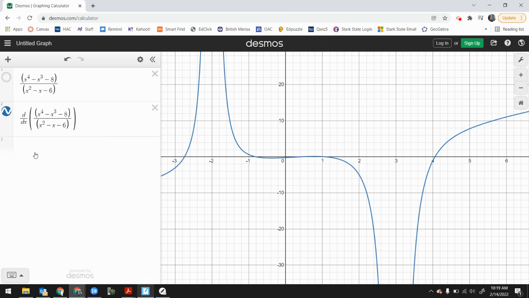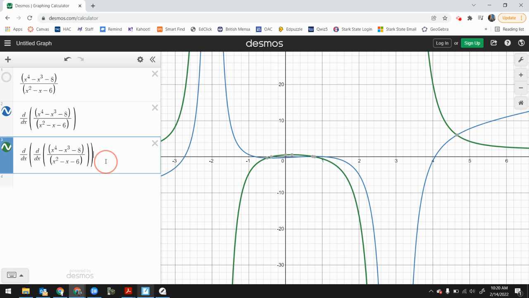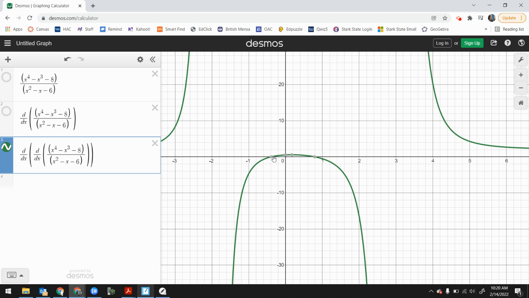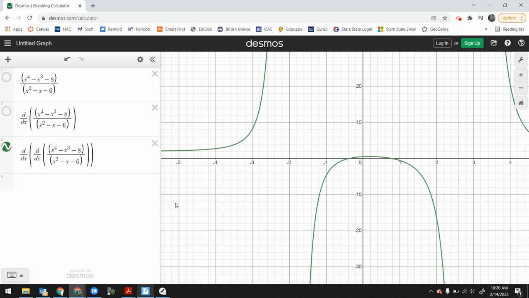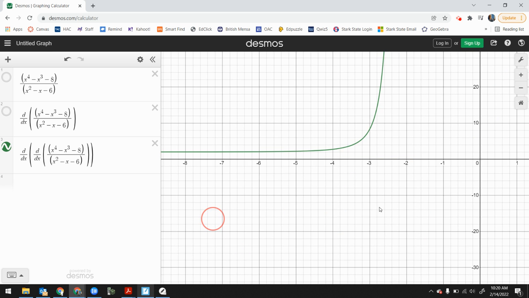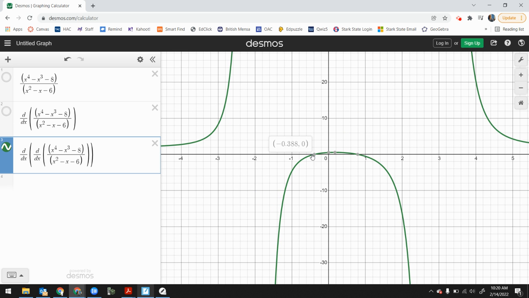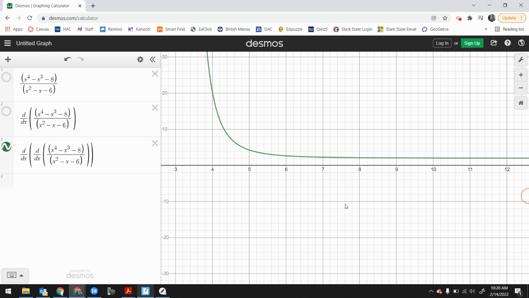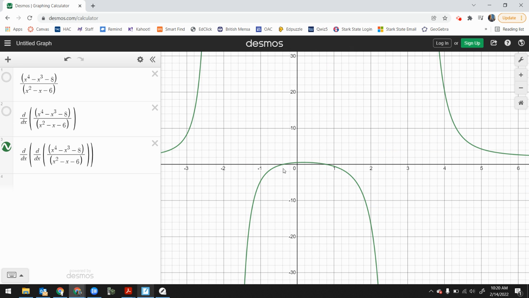And then let's do that one more time. D over dx of all this junk. And this, I want just my x-intercepts. Now, is that going to cross the x-axis down here? Nope. Is it going to cross it right here? Yep. Is it going to cross it all the way down here? Nope. Okay, so really I only have 2 x-intercepts, here and here.